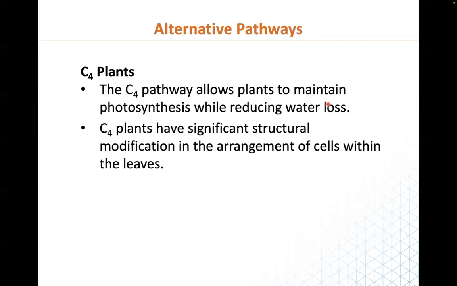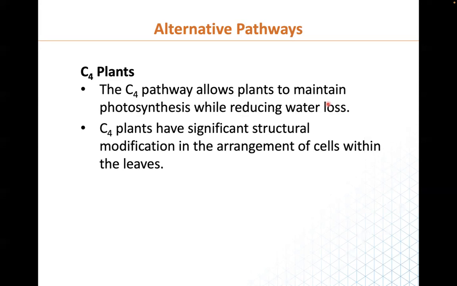But a C4 will bring intermediate 4 carbon compounds. The reason it does this is to save a lot of water loss. Every photosynthetic plant uses C3 as its primary source of photosynthesis. But C4 photosynthesis happens in just about 3 to 4% of vascular plants.